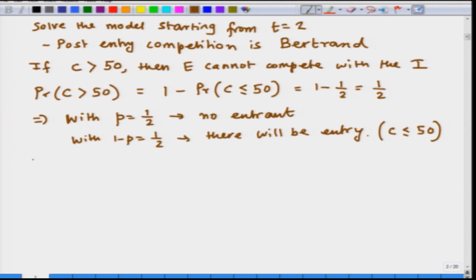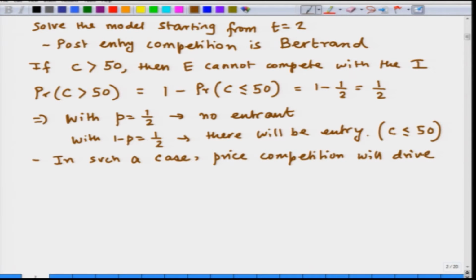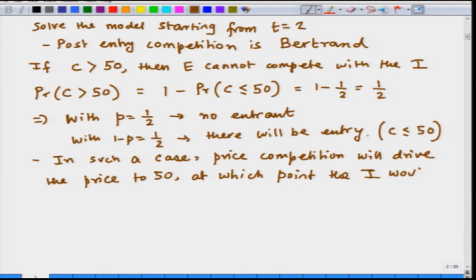So, in such a case, price competition will drive the price to 50, at which point the incumbent would drop out, right.